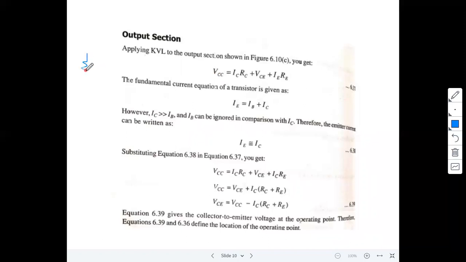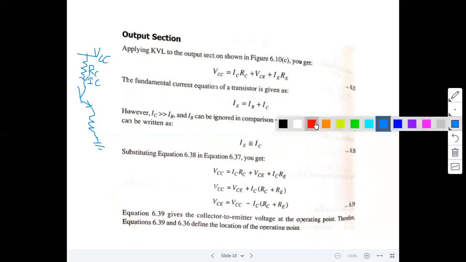Remember there is one RC resistor, then a transistor, and again an emitter resistor, then ground. This is VCC. This is RC, and the current flowing through RC is IC.